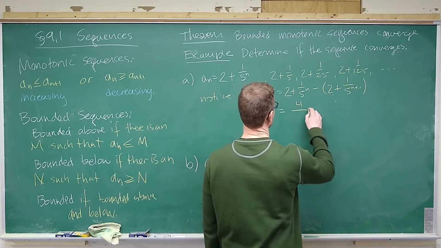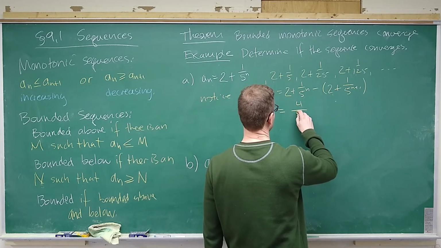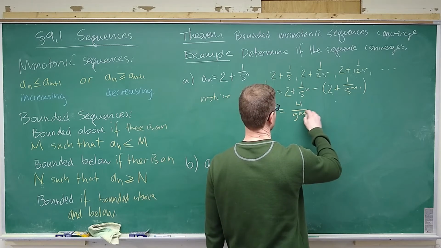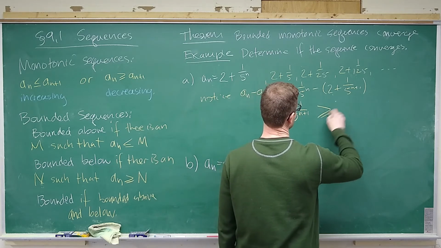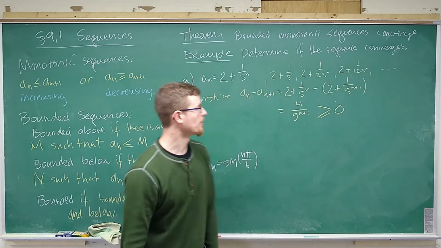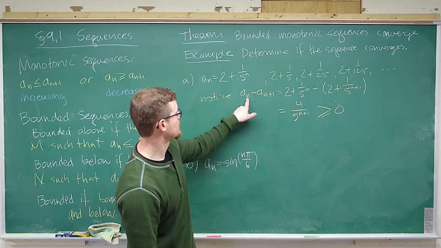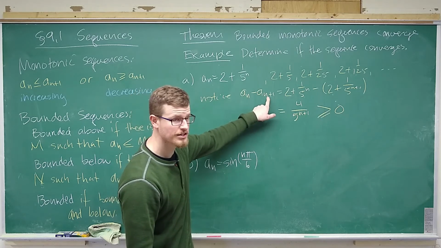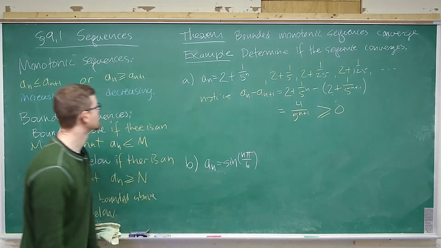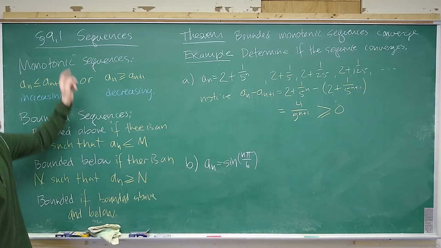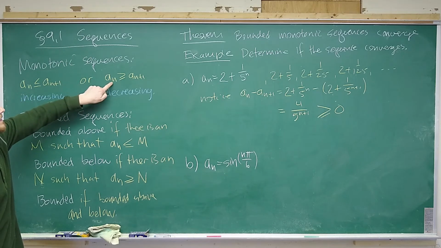So this would be 4 over 5 to the n plus 1, which in each case is greater than or equal to 0. So that means that this term minus the next term is greater than or equal to 0. And that actually compares to this right here.